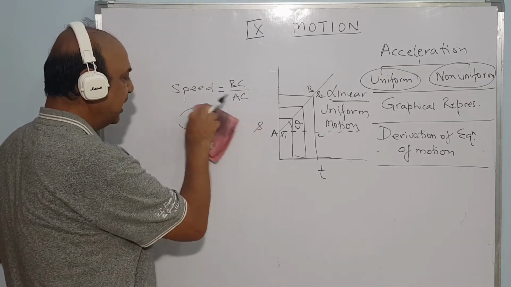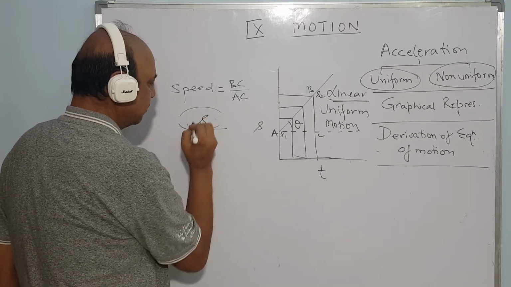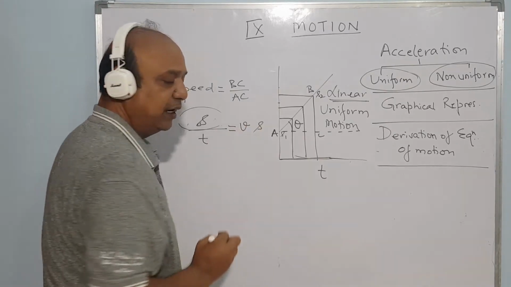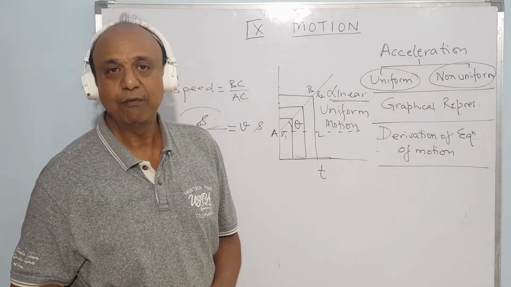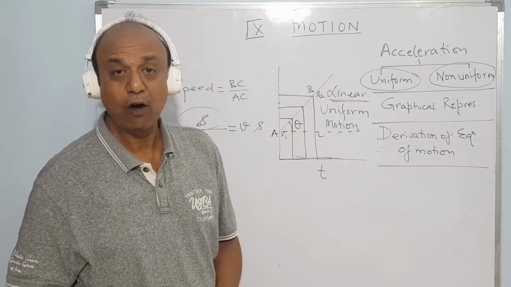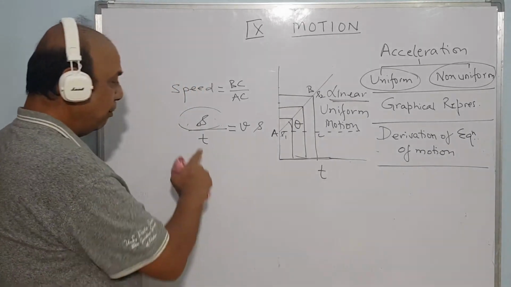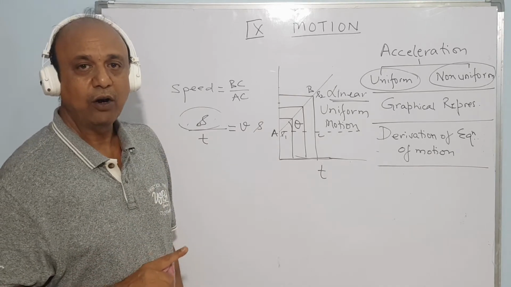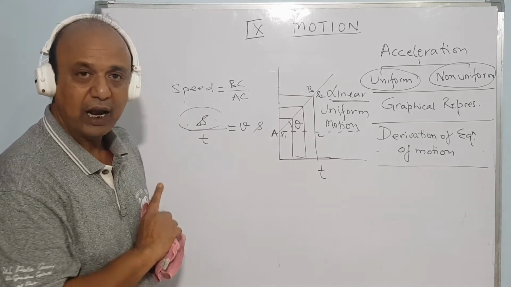I can write it as simply S. S upon T is equal to speed, and this is what we had derived while doing the theoretical part for uniform motion. Remember, this formula is only applicable for uniform motion, not for any other motion.